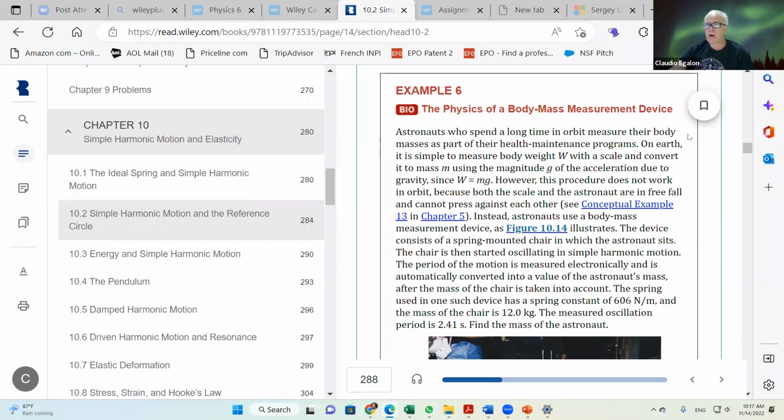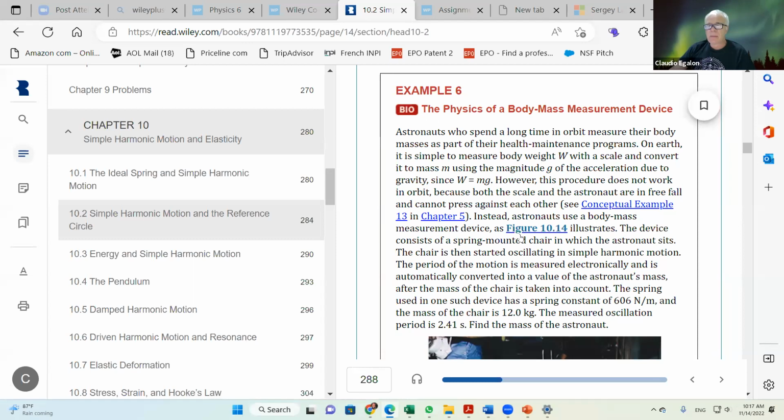Astronauts who spend a long time in orbit measure their body masses as part of their health maintenance program. On Earth, it's simple to measure body weight with a scale and convert it to mass using the magnitude g of the acceleration due to gravity. However, this procedure doesn't work in orbit because both the scale and the astronauts are in free fall and cannot press against each other. The scale would measure a weight equal to 0.